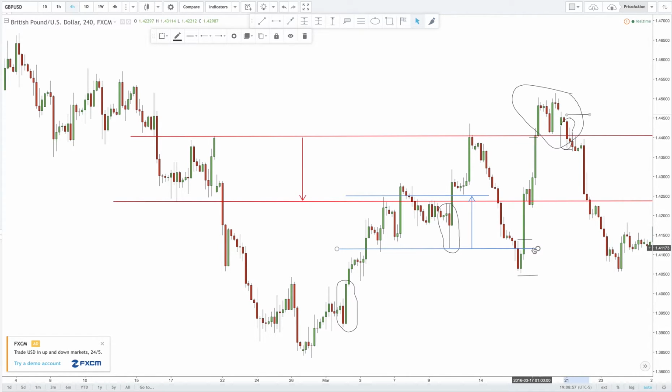Now, there's something about this line. The buyers are interested at this line. There's a lot of selling happening at this line. So guys, I hope it makes sense what I'm trying to explain to you. This is something called price action.